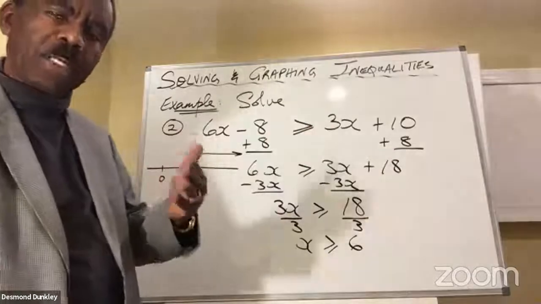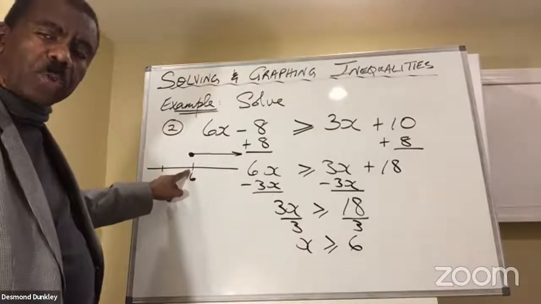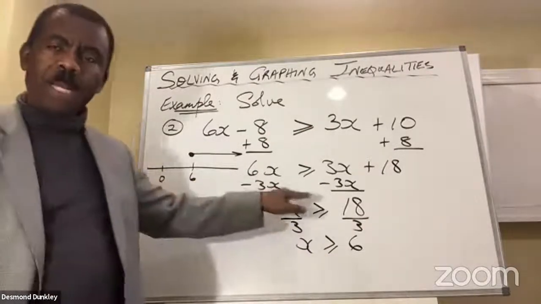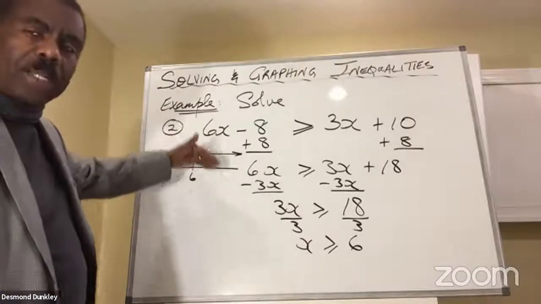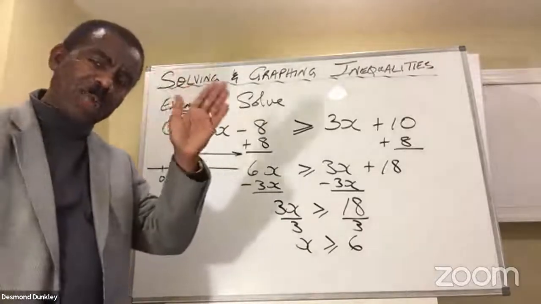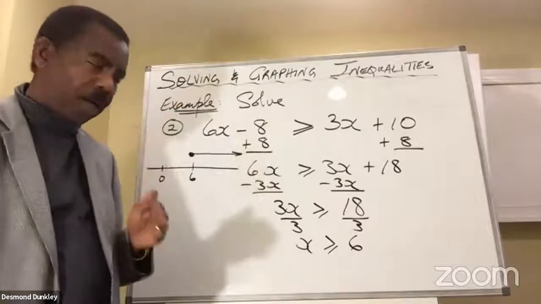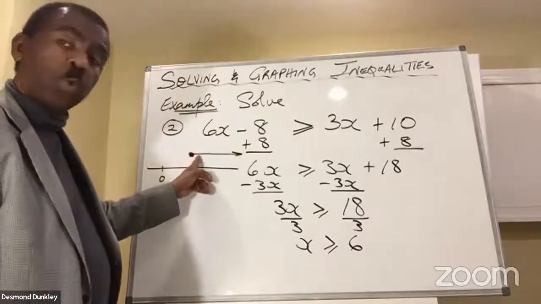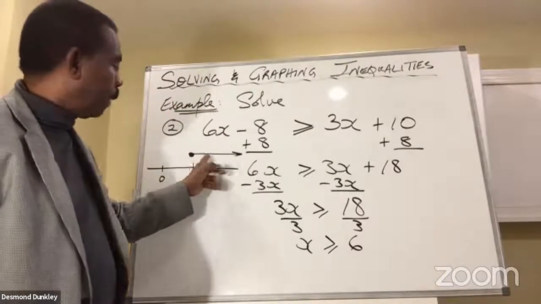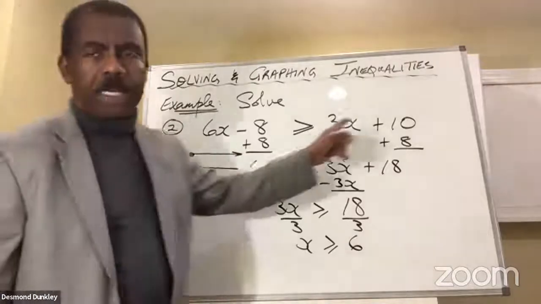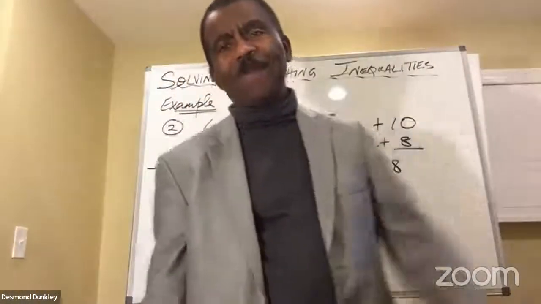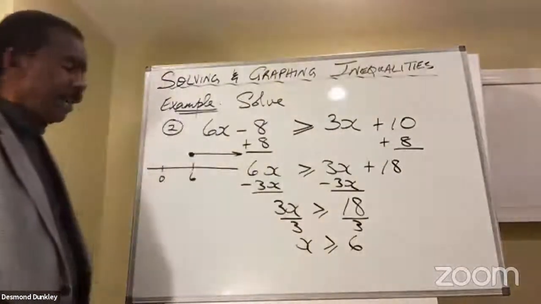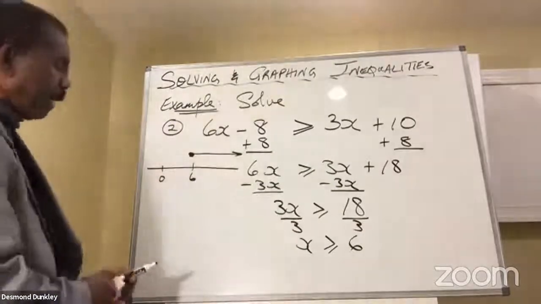In some situations, they will draw your solution set on the number line. I tend to do it above the number line so you can see visually, without any shadow of doubt, that your solutions will be from here, everything to eternity would be included. Okay? So let me write the solution here.